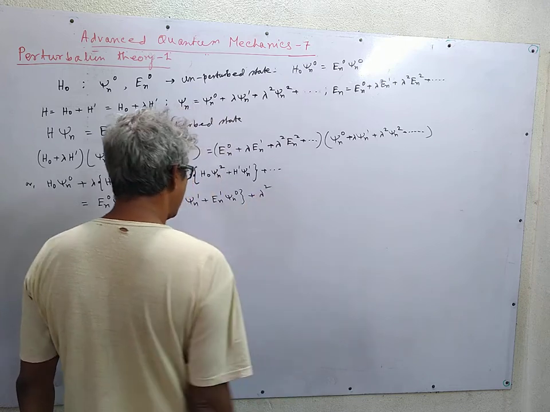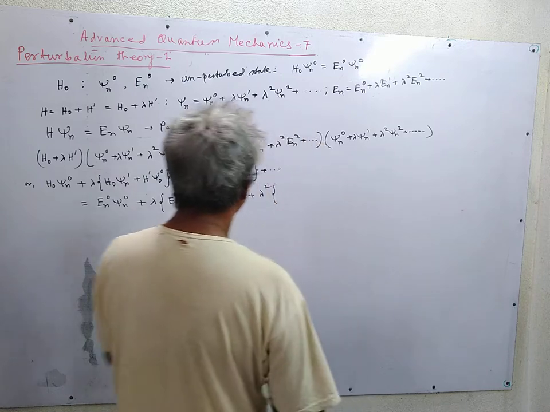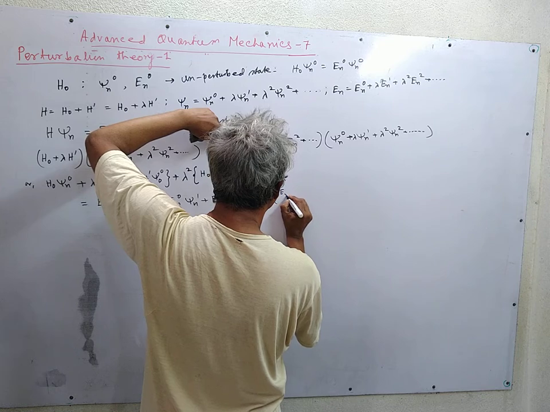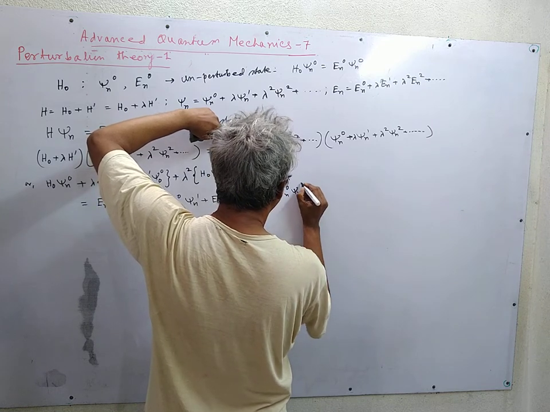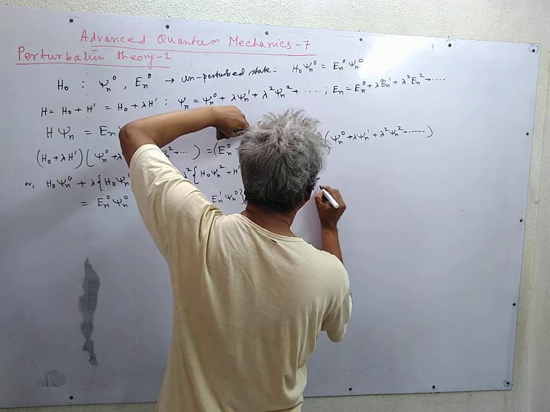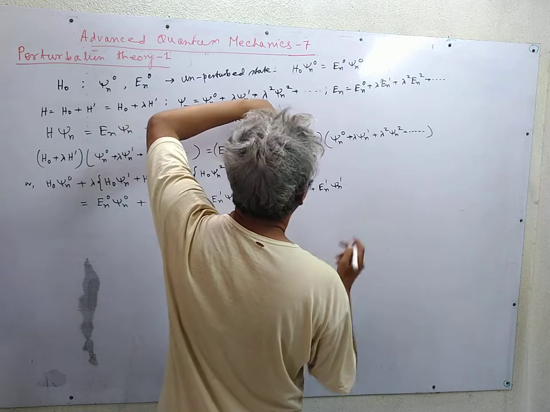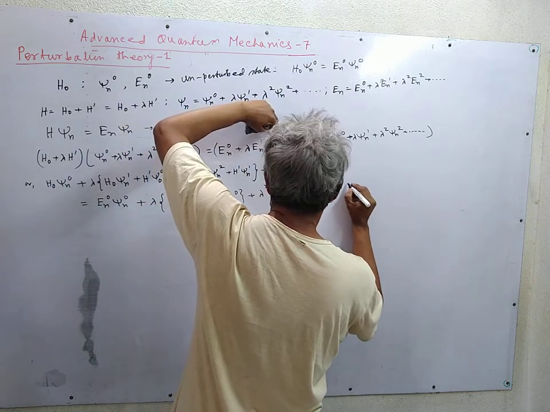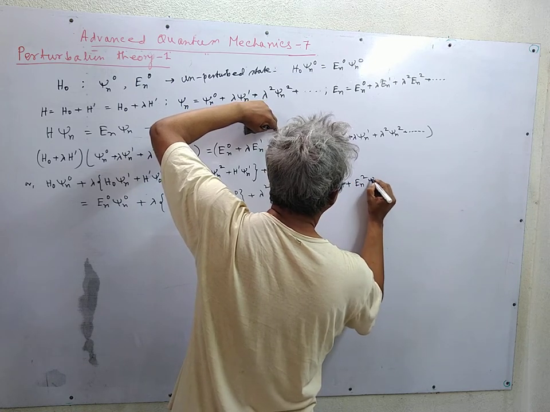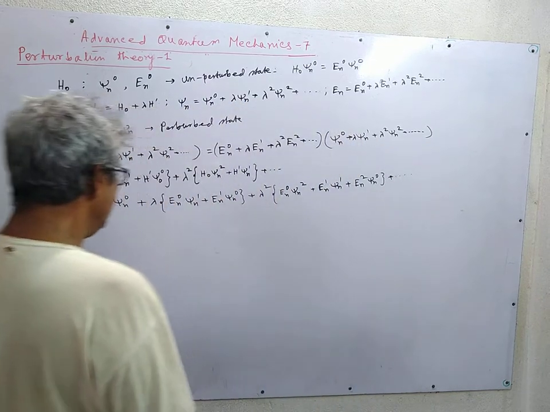Then lambda square. The lambda square term arises as En0 operating on psi n2, plus En1 psi n1, and En2 psi n0, plus higher order terms in lambda.